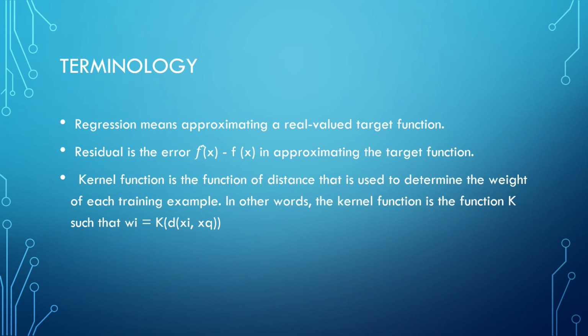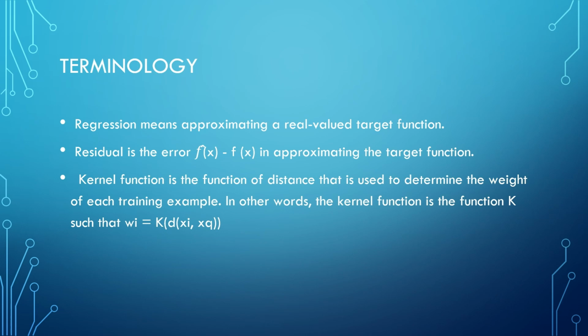And the residual: what is the residual? The residual is the error, the difference between f cap of x and f of x, which occurs when approximating the target function.